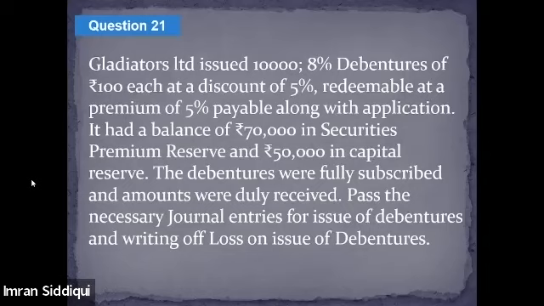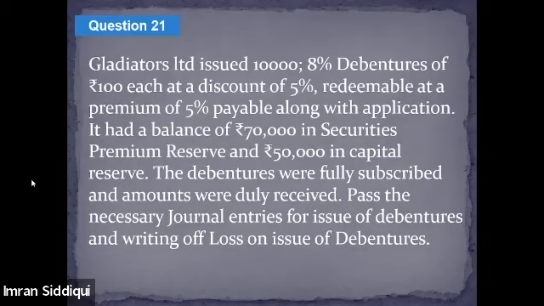Debenture application and allotment account debit, discount on issue of debenture account debit, loss on issue of debenture account debit, to 8% debenture account, to premium on redemption of debenture. 9,50,000, 50,000, 50,000, 10 lakh and 50,000.